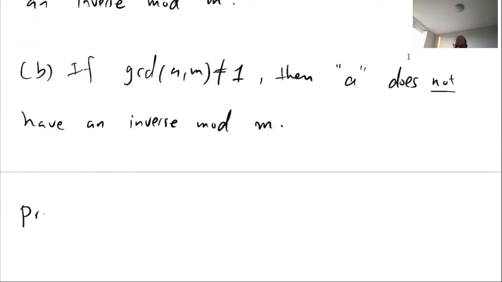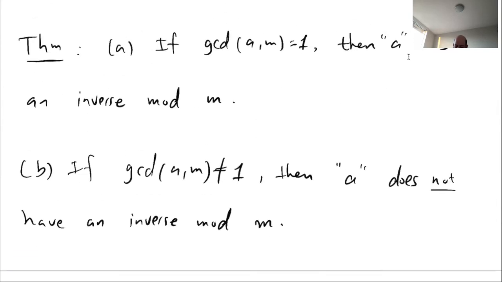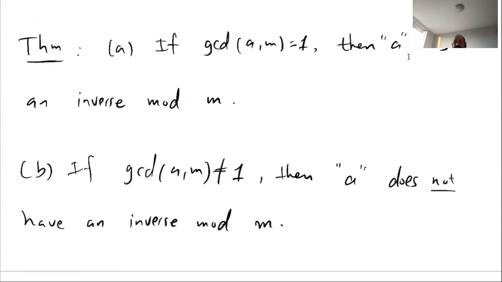So let's see how we can prove this. This theorem exactly characterizes which numbers have an inverse mod M and which numbers do not. If the GCD of the two numbers is 1, then A has an inverse, and if the GCD is not 1, A does not have an inverse.